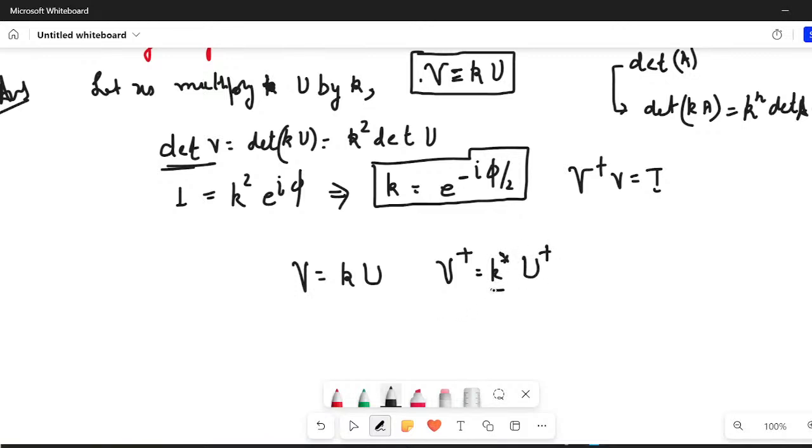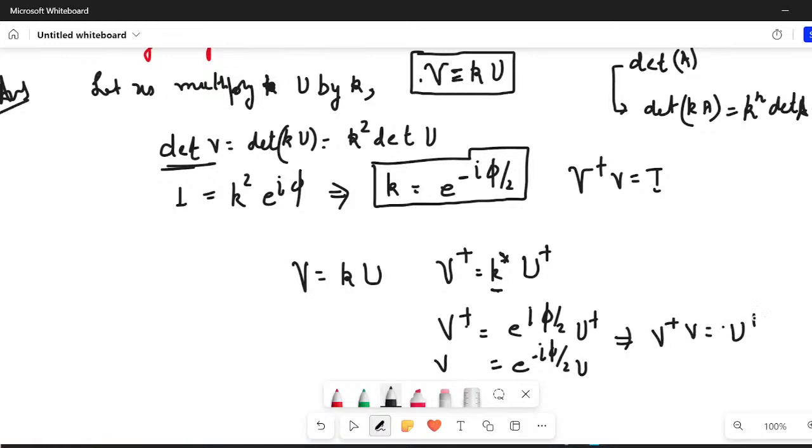So V dagger would be e to the power iota 5 by 2 times U dagger, and V is e to the power minus iota 5 by 2 times U. So V dagger V is equal to U dagger U only, and it is equal to identity. So clearly V satisfies the condition for a unitary matrix, and the other part has been proved already. I guess it is clear. If you have any doubt, you can ask me right now.